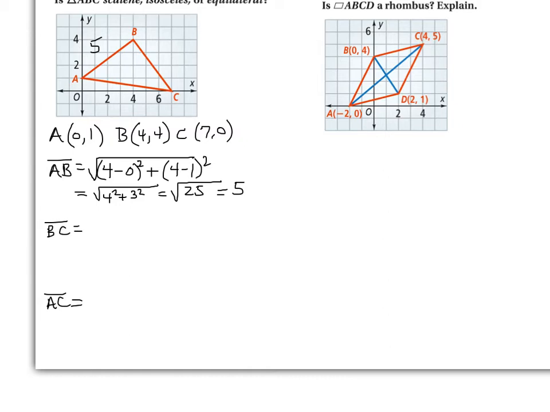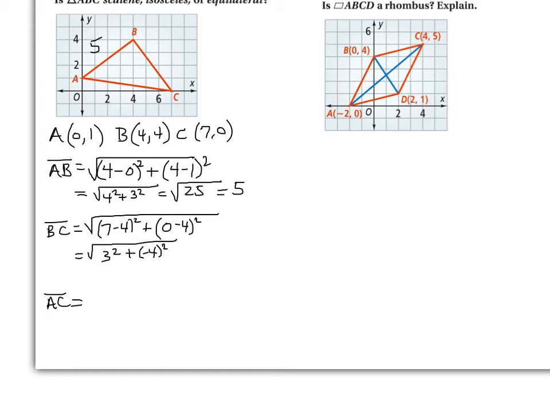Okay, BC, again, going to use the distance formula here. So on the distance formula for BC, if I take 7 minus 4, square it, add that to 0 minus 4 squared, that's going to be 3 squared plus negative 4 squared. 3 squared is 9.